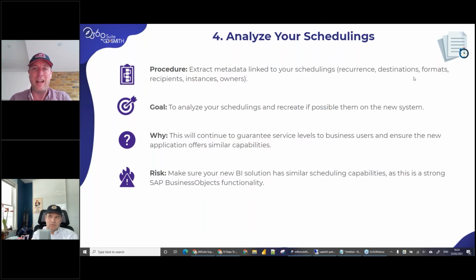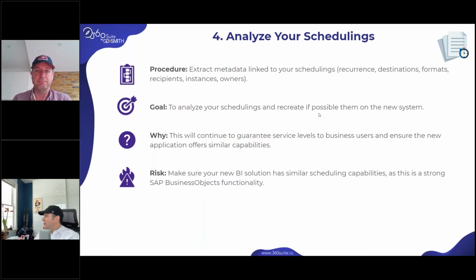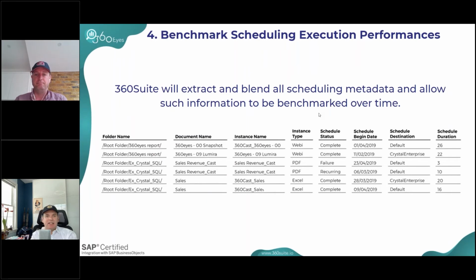But yes, do have a look at your recurring instances, the details, and make sure you have a solution for these things. And today, a lot of BOBJ users like to receive their instances automatically, every day or every X, and it's quite easy, and that's something that's been quite popular.